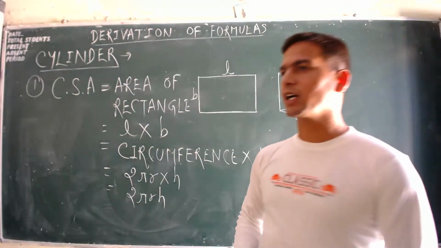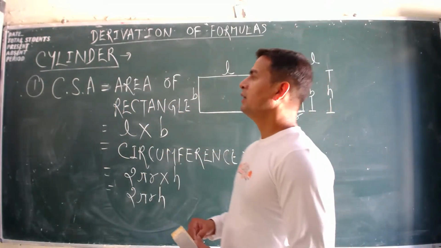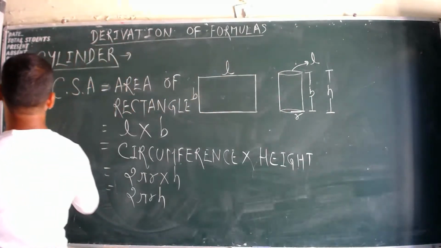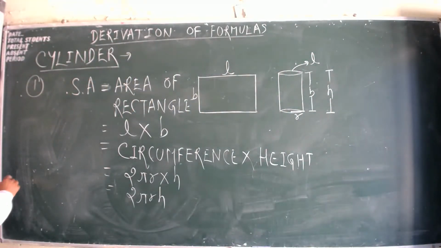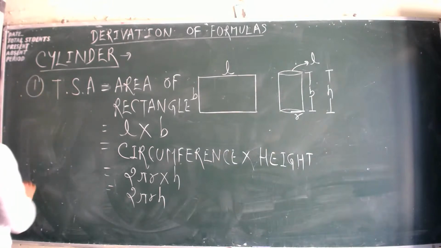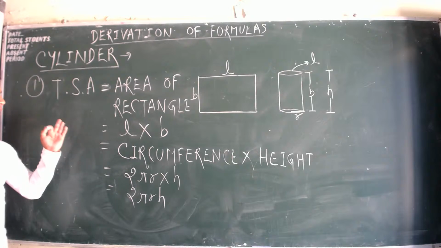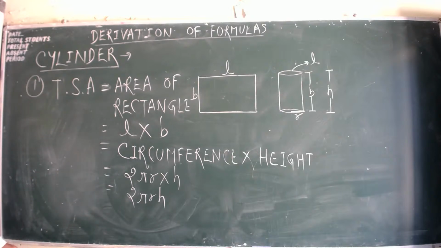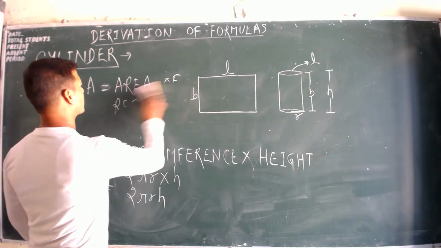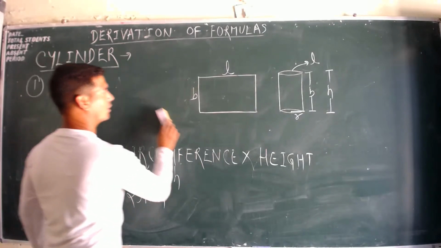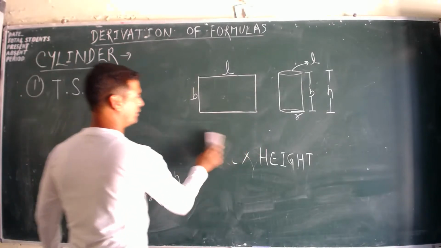Now, after curved surface area, second, the total surface area of a cylinder. I hope you have written down all these. Coming to the next topic, total surface area. How will we get the total surface area?